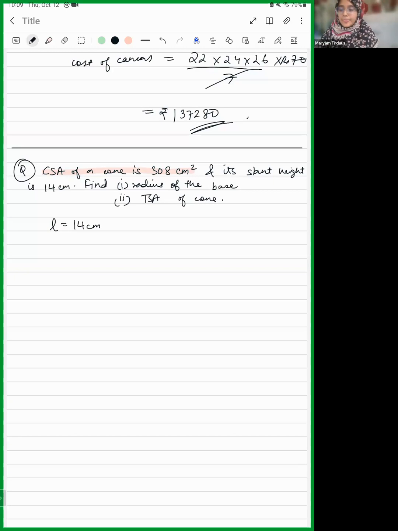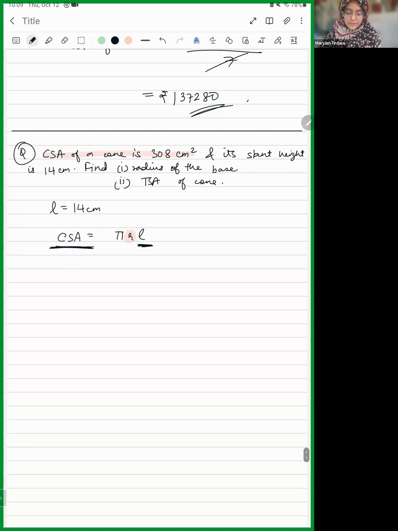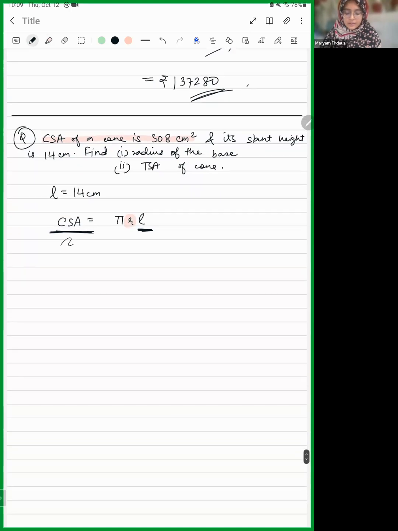What is the formula for curved surface area? Pi r L. Good. So here we know CSA, we know L. Can we find out R? Yes. So let's do it together.